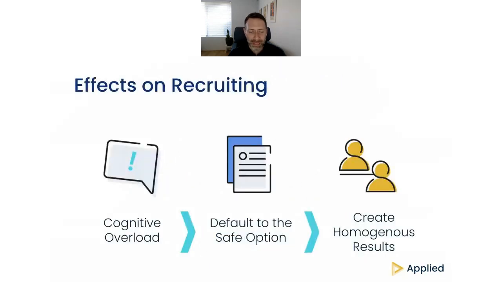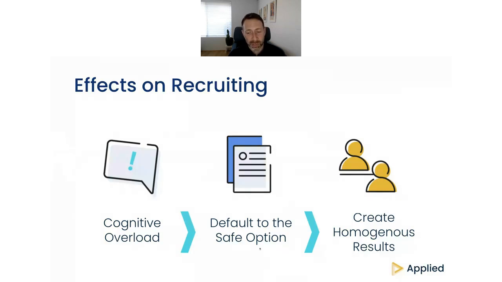So what does this mean? It really does affect recruitment in a big way. We're all prone to cognitive overload, which means sort of too much for our brains to process. When we get tired and hungry, our brain is not as good at processing cognitive load. And what that can mean is if we're overwhelmed, we can default to the safe option.